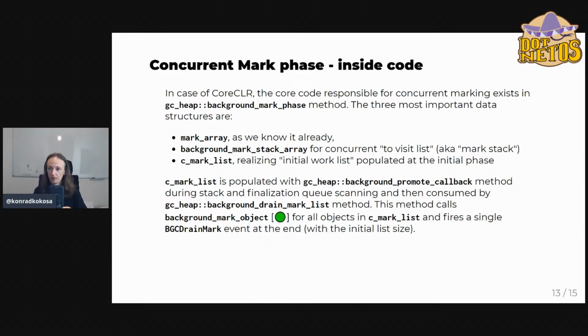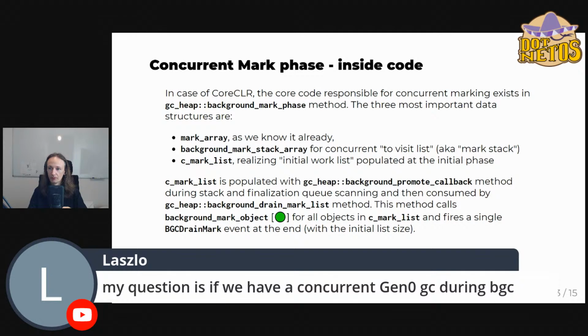Okay, returning to your question, concurrent gen 0 is not happening. My question is if we have a concurrent gen 0 GC during the background GC. Only non-concurrent gen 0 can kick in. This is a simplification, not to go too concurrent.